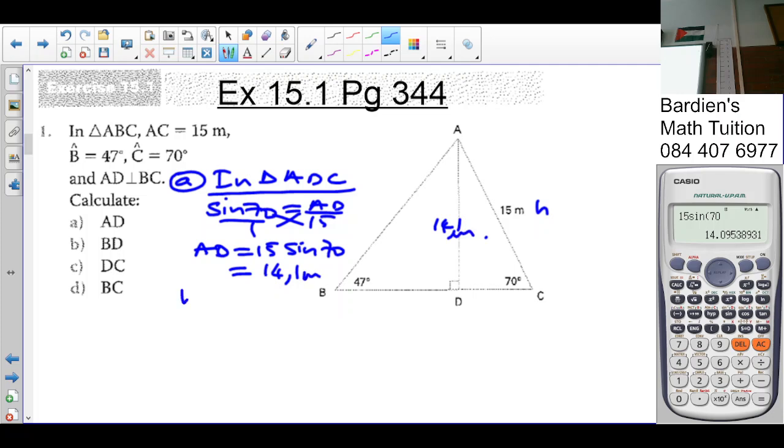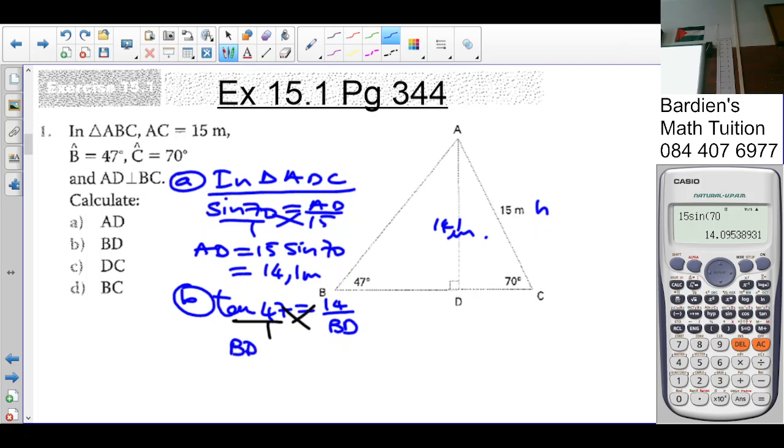Let's look at B. B asks you to work out BD. Do we have enough information to work out BD? Yes. How? In this triangle, it's going to be opposite and adjacent. Which trigonometric function is that? Tan. So let's go back. There's going to be tan of 47 equals opposite, which is 14,1, over BD. That's naturally over 1, so I cross multiply.